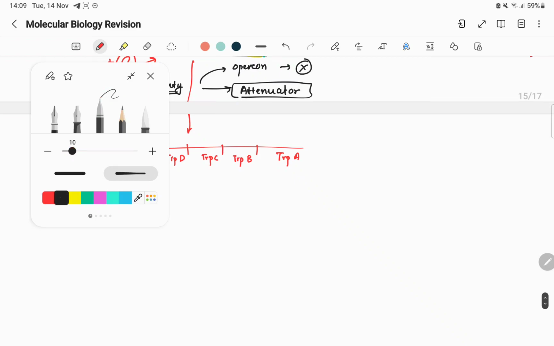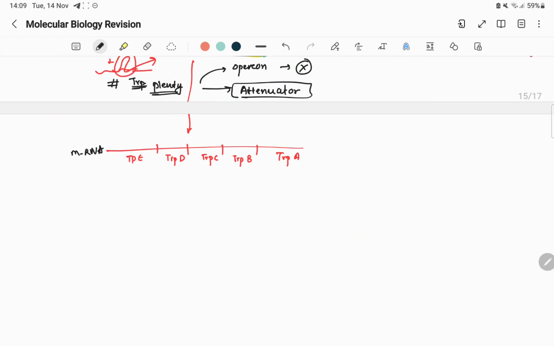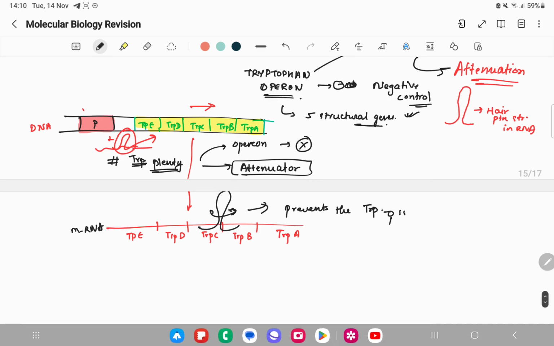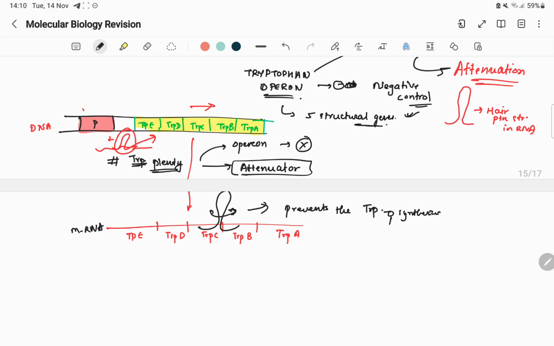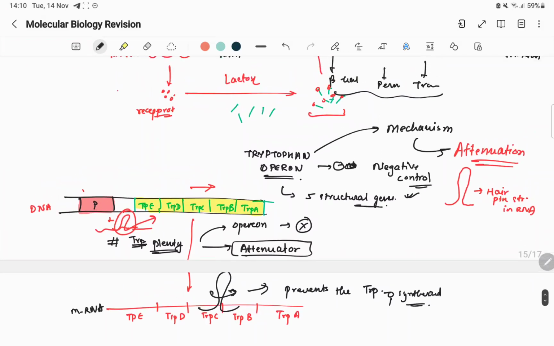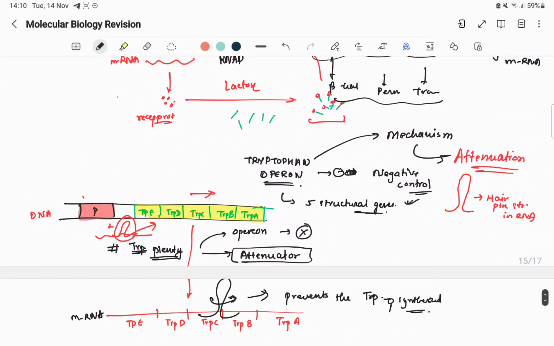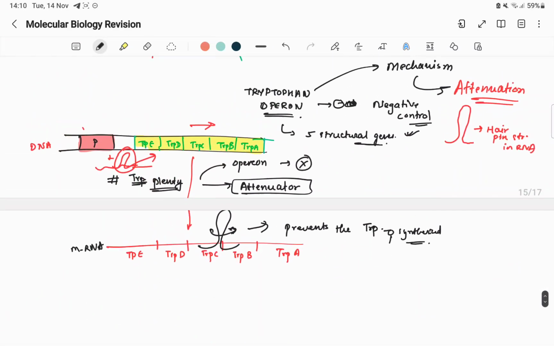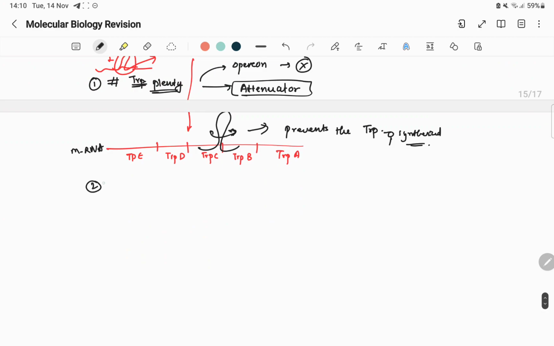You will see that in the mRNA a hairpin loop-like structure is formed, which will prevent tryptophan from being synthesized. That is case 1, when tryptophan is plenty. Let's discuss case 2.